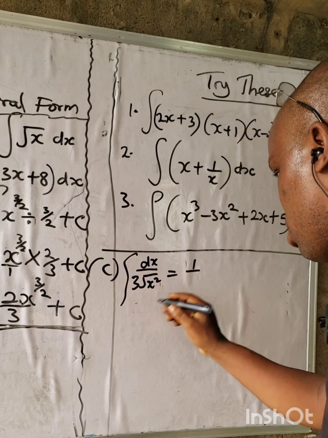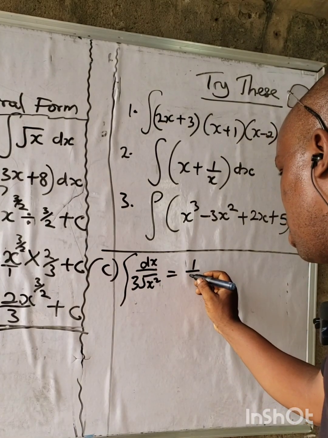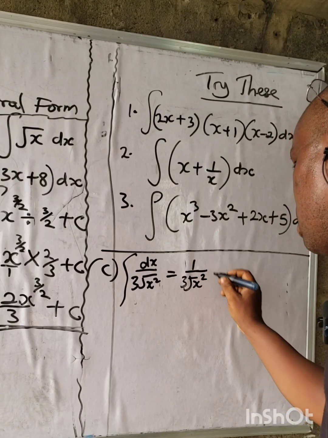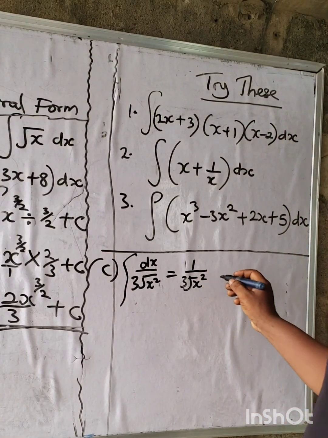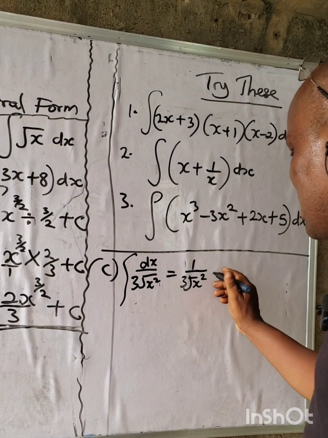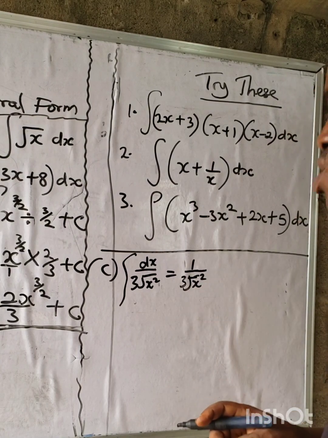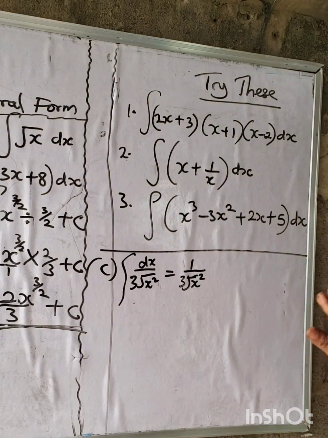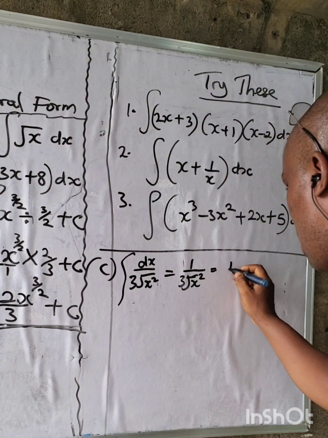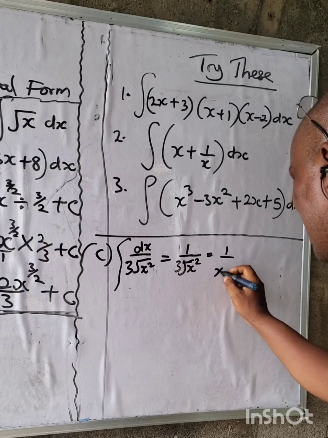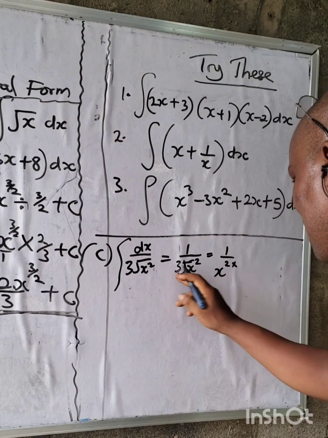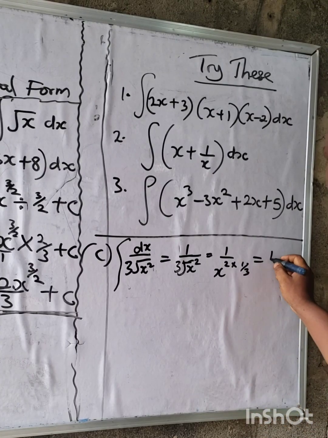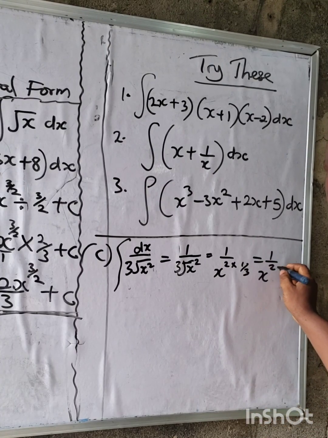They just want to confuse us. How do we do this? Before we can do anything on this, we need to reverse this question back to the indices form. This will become 1 all over s raised to power 2 multiplied by 1 all over 3. Therefore, 1 all over s raised to power 2 all over 3.